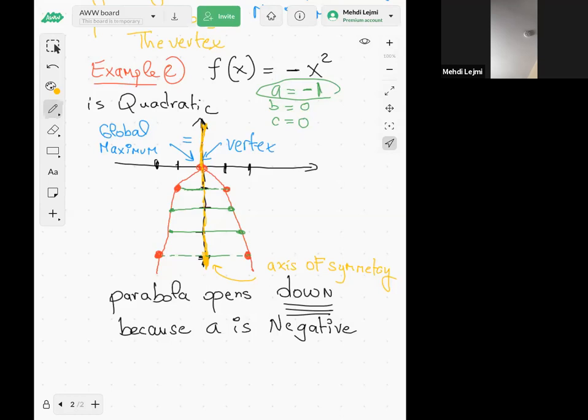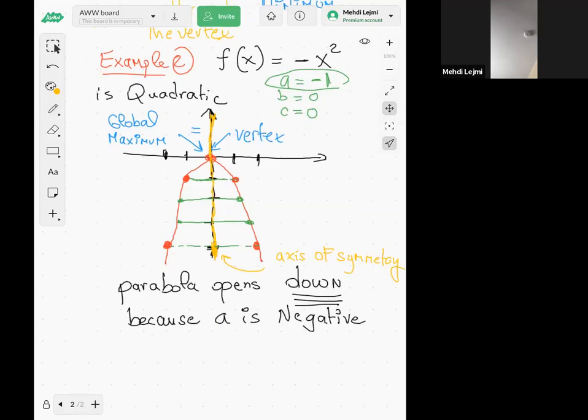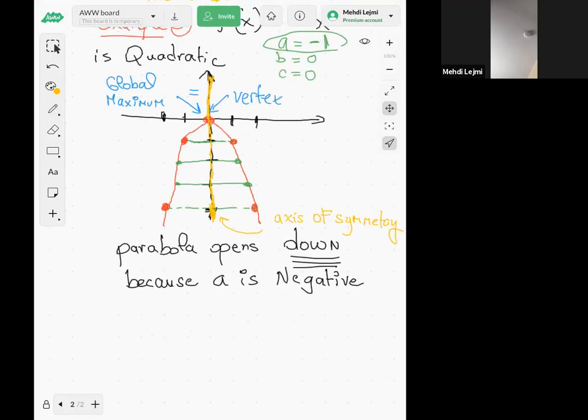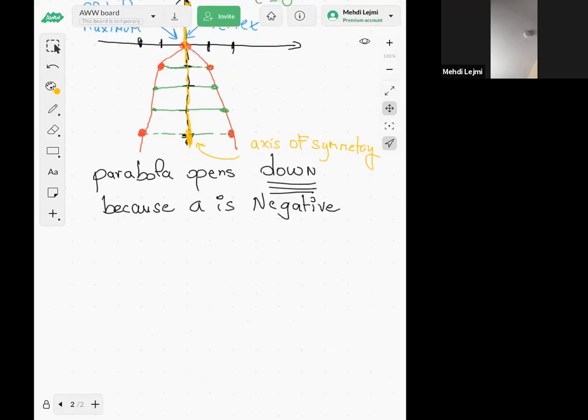Anyway, let me now give you the general steps to graph a quadratic function, right? So, general steps to graph a quadratic function.